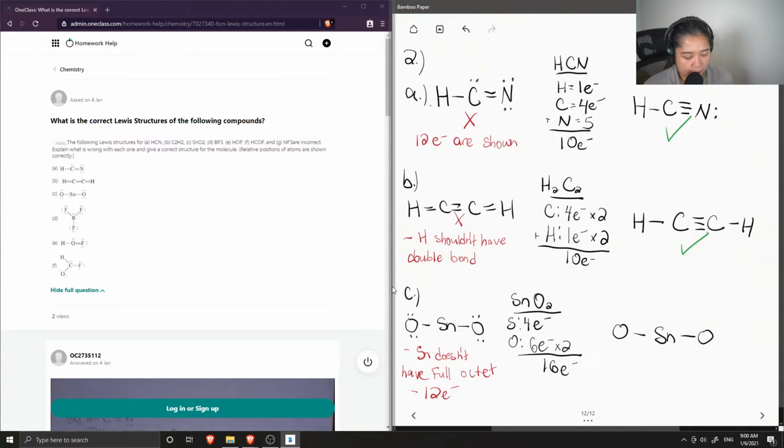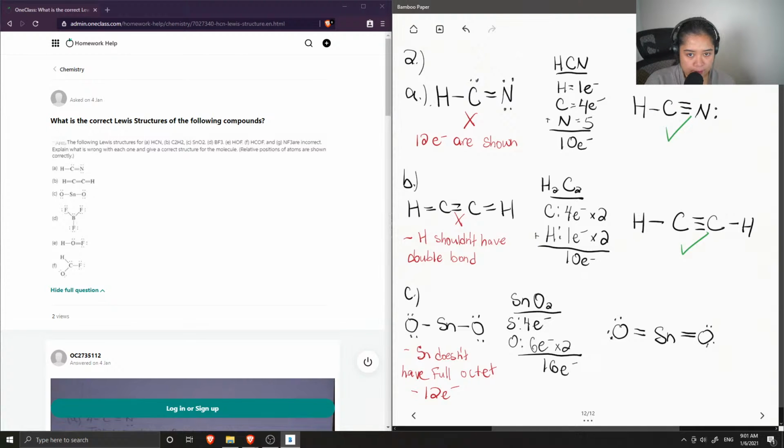For tin to have a full octet, I'll draw these oxygens as double bonds instead, and then just write down the remaining lone pairs.